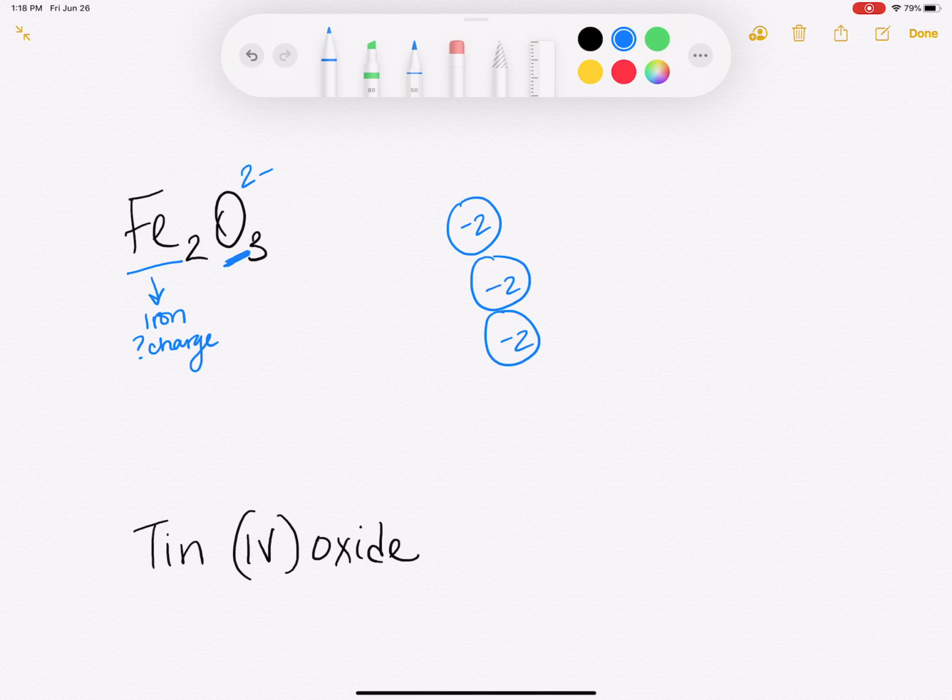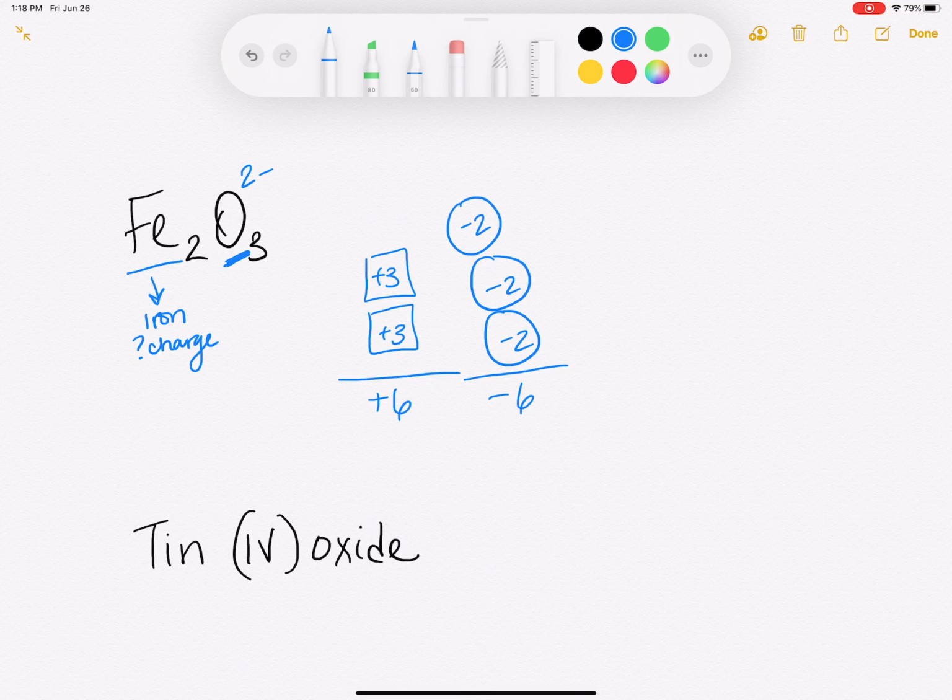So I drew out 3 of them because it says Fe2O3. So my total negative charge is -6. I have 2 irons, and collectively they need to have an equal but opposite charge. So collectively these 2 irons need to make up a +6 charge. So that means that each one of them individually carries a +3 charge.